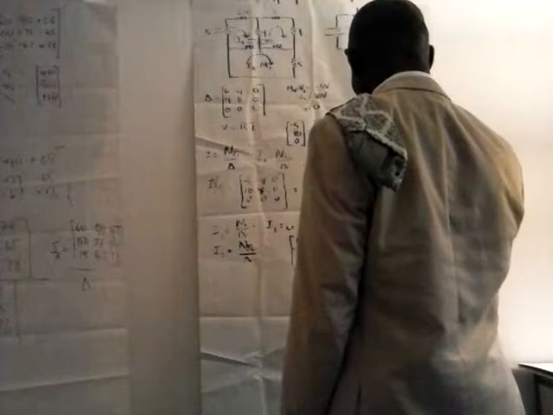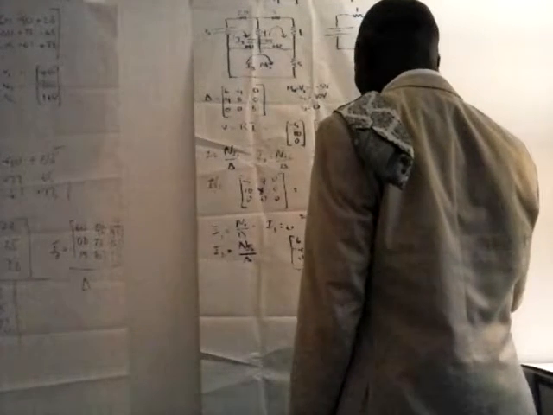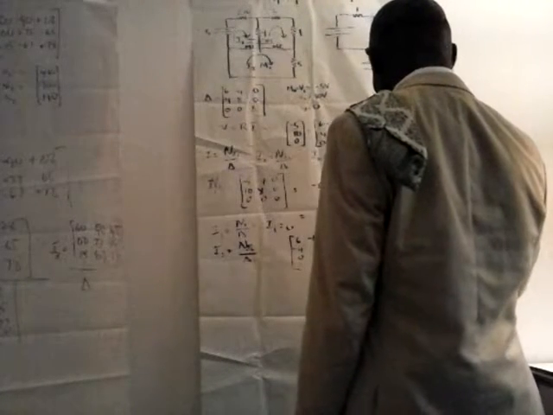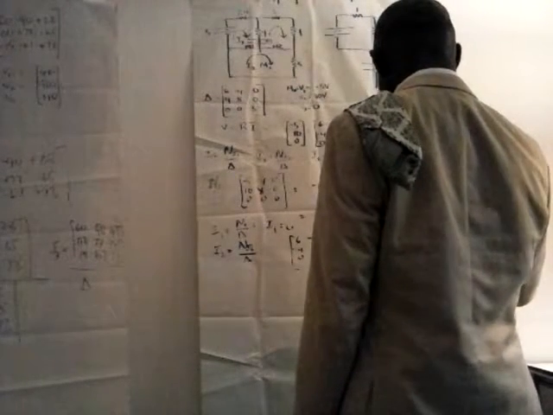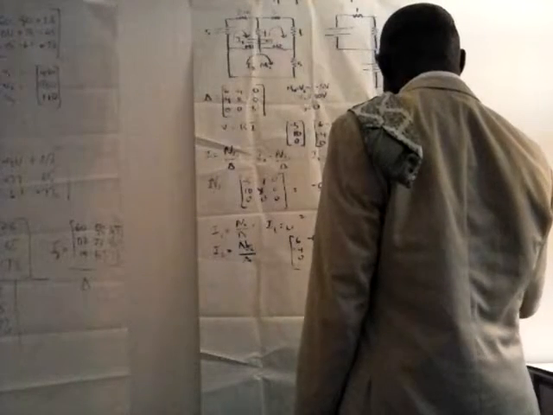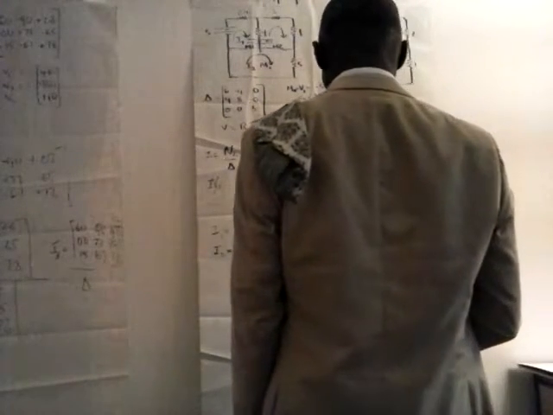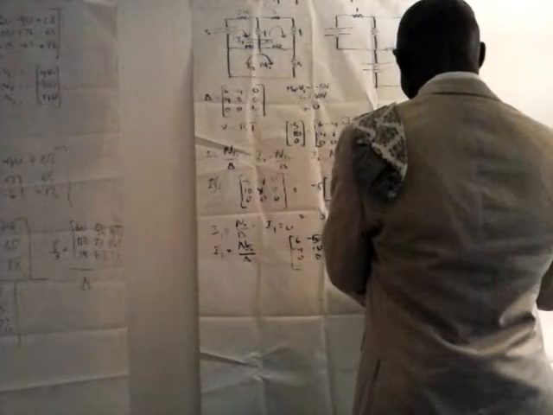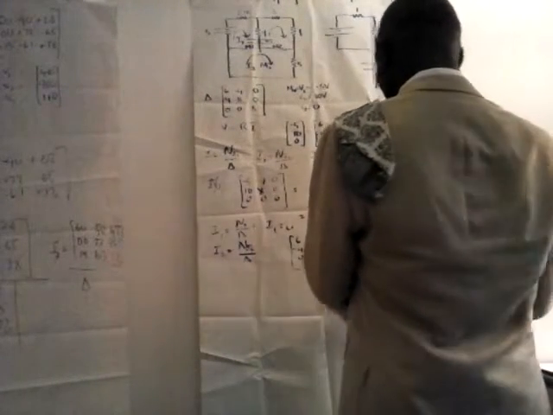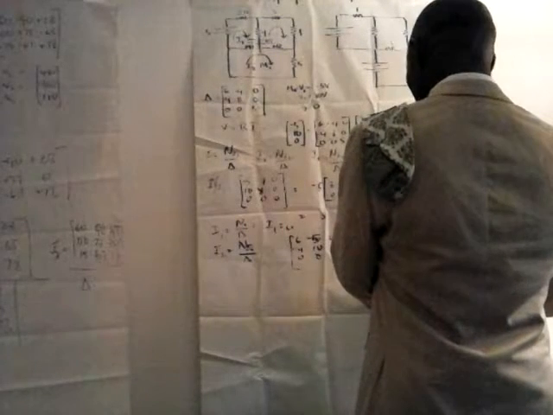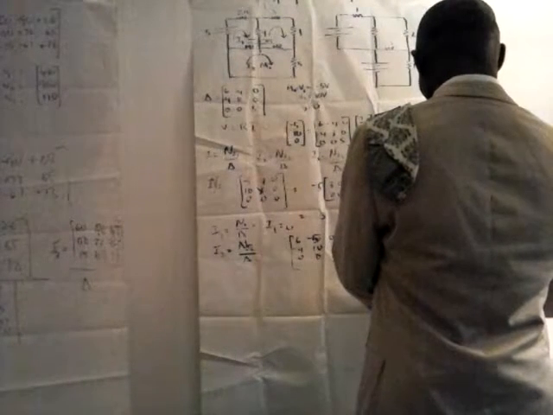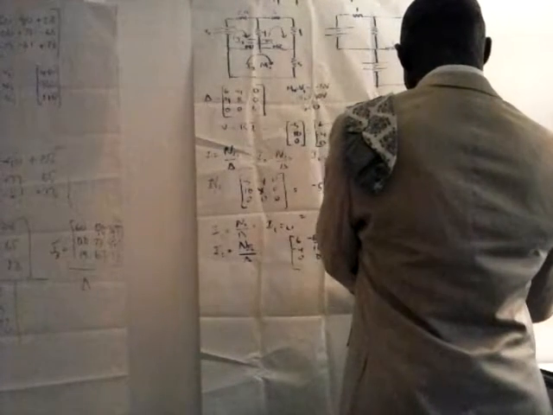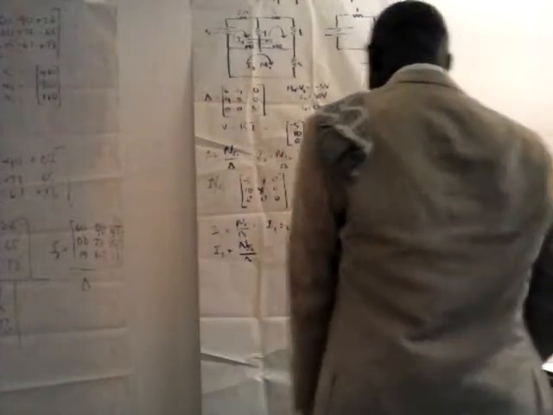So that will be 6 into 10, 0, 0, 5, -4 into -5, 5, 0, and 0, plus 0 into something which would make it 0.